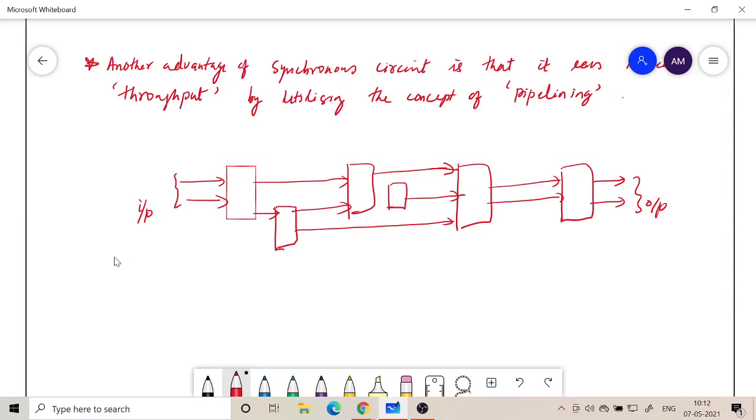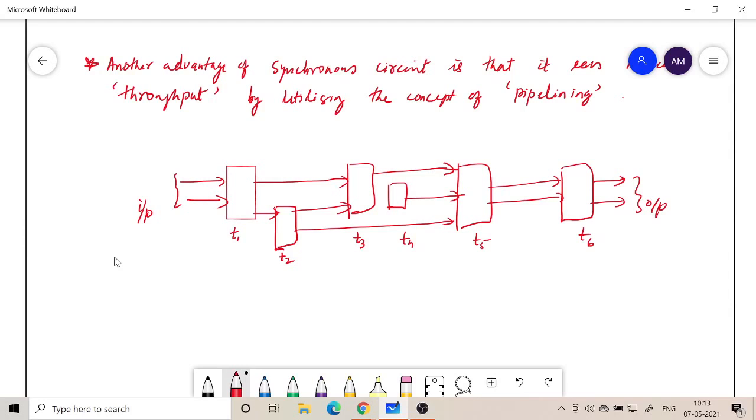Each of these steps will introduce some delay: T1, T2, T3, T4, T5, T6. After giving some input, I need to wait at least the sum of all these delays to make sure that my output that has come asynchronously is going to be the correct output.